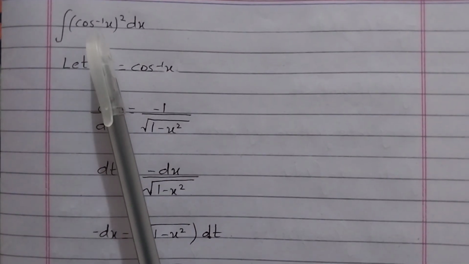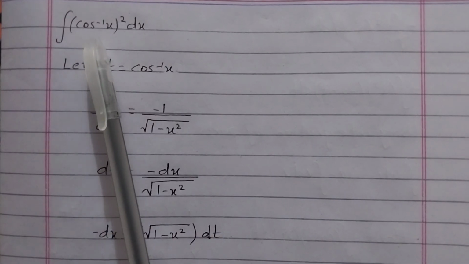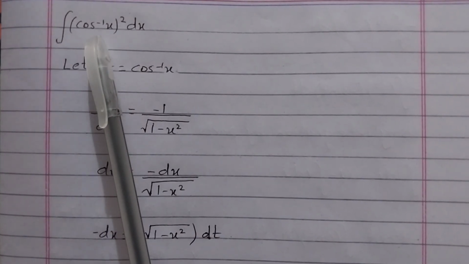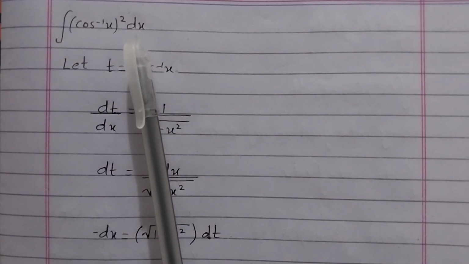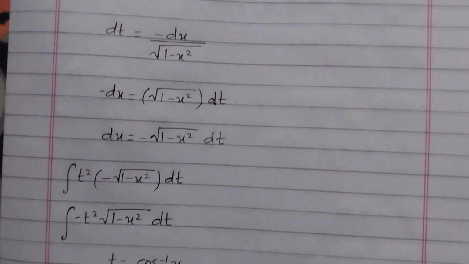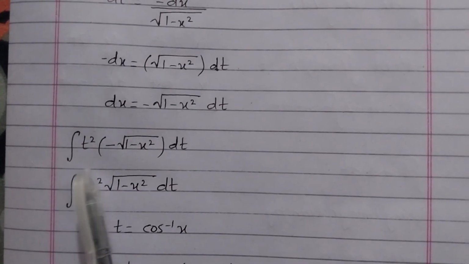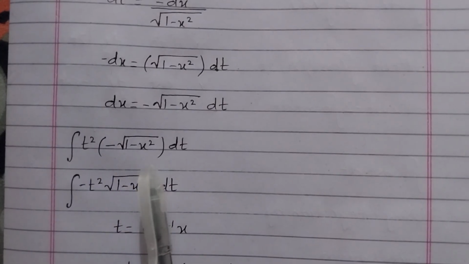We have substituted for cos inverse of x. So this will simply become t square into the value of dx. So this will become t square times negative square root of 1 minus x square dt.